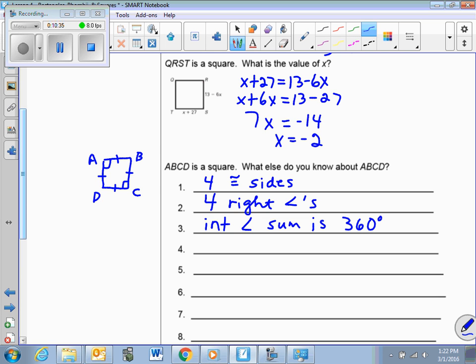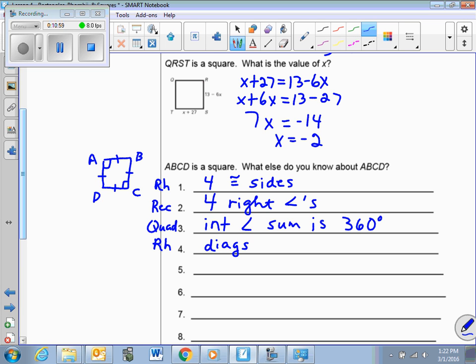Okay, let's go back and see what else we know. This is because it's a rhombus, we know this. Because it's a rectangle, we know this. Because it's a quadrilateral, we know this. Let's think about rhombus again. What else do we know about this square ABCD because it's a rhombus? I'll give you a hint. It has to do with the diagonals. How about this?